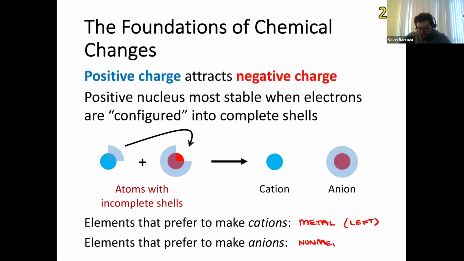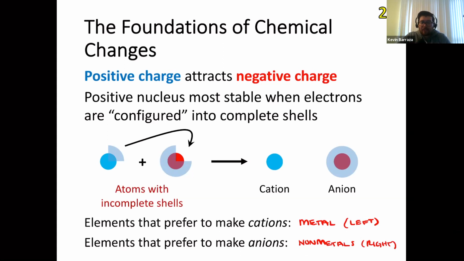Remember those terms? For example, the first group, the first column of the periodic table, the alkali metals, like to make the +1 ions. So they're an example of the left-hand side wanting to make those positive ions, whereas the second to last group on the periodic table are the halogens.